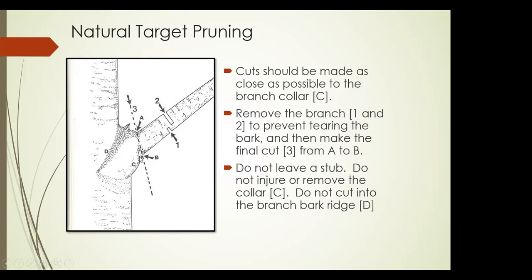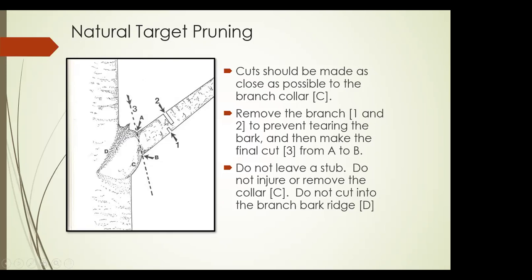The collar has special tissues where the cells grow fast to close the vascular system so that diseases can't get in the plant. So it has fast growing cells, and it also has a large amount of chemicals to fight diseases and insects.